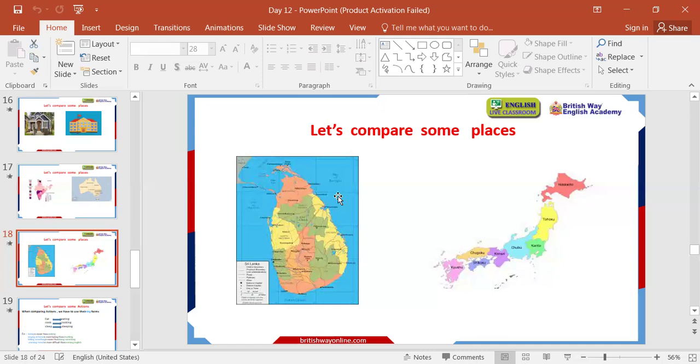As I told you, physical qualities and appearance adjectives have to be used. Okay. Japanese network speed is way higher than Sri Lanka's.